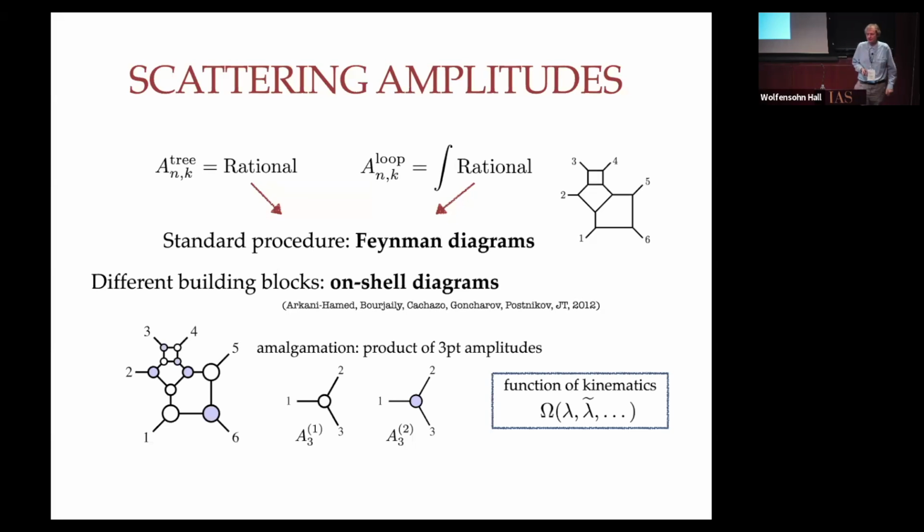Now, in physics, these on-shell diagrams are obtained from an amalgamation procedure, which is gluing together some elementary building blocks called 3-point amplitudes, which are associated to these two types of vertices, the white and the black one. And there are some rules for how we glue them together into some bigger object. There are expressions for each of these vertices, and we multiply all of them. And in the end, what this on-shell diagram means for us in physics is some function of kinematics. So it's a function of some variables called lambda, lambda tilde, spinor helicity variables, and possibly some other parameters.